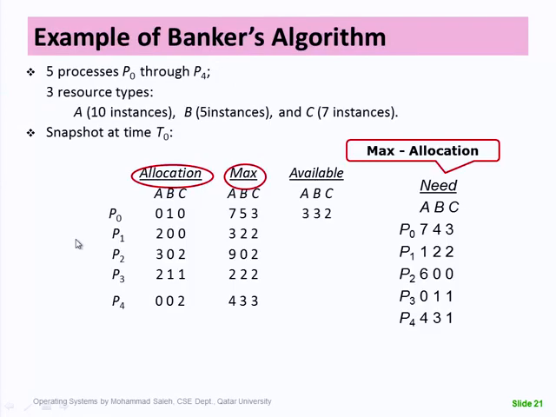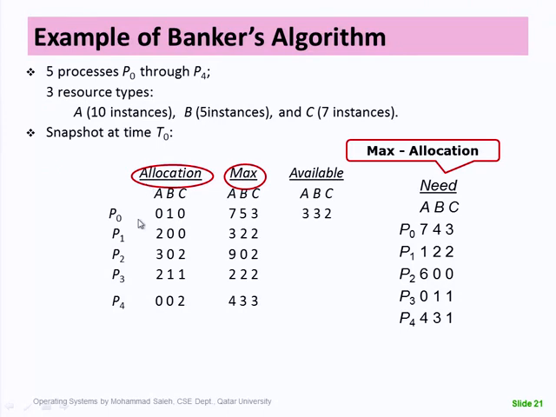So an example of that, I think numbers make things much clearer. Okay? If we have a system with 3 types of resources, A, B, C, where we have 10 instances of A, 5 of B, and 7 of C. That's all the resources the system has. Okay?